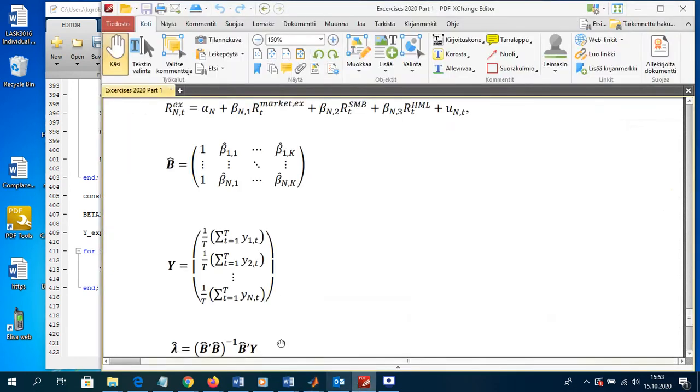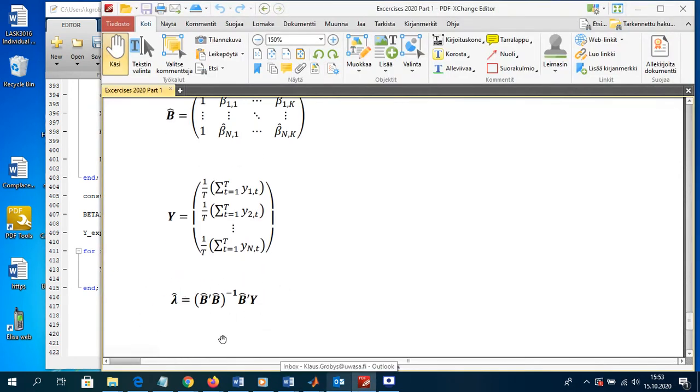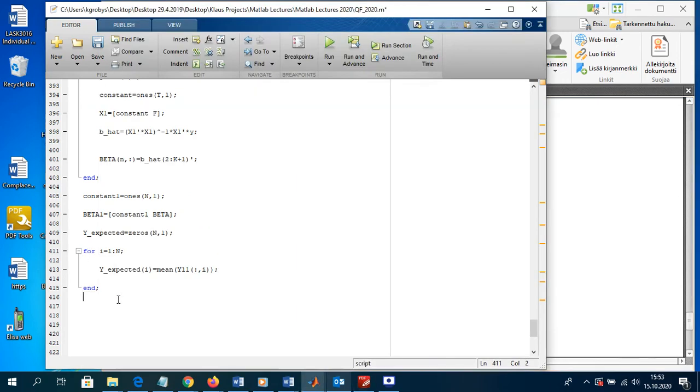Now we have the ingredients that we need, and we can compute our lambda hat, the vector of risk premiums. This formula is nothing new for us anymore. We transpose the beta matrix, times itself inverted, times the transposed matrix, times our vector of expected returns. So let's implement it.